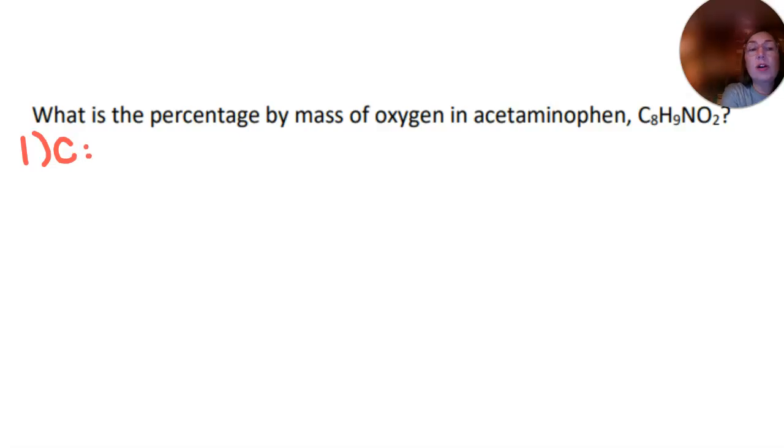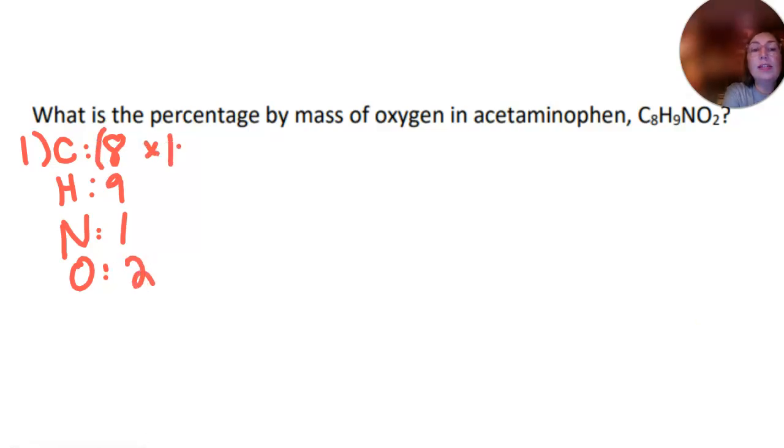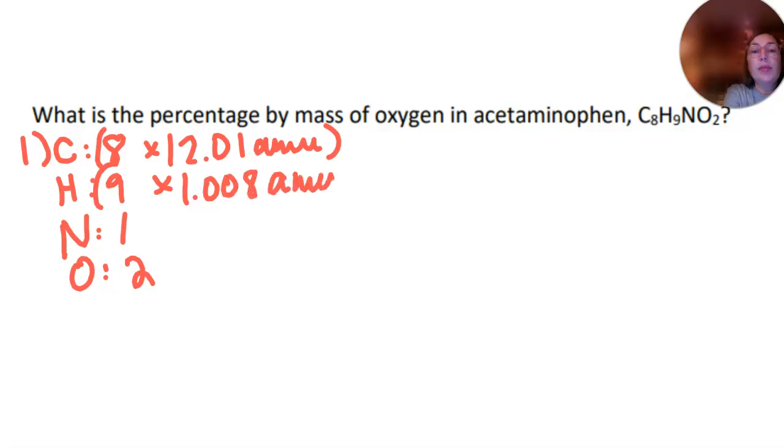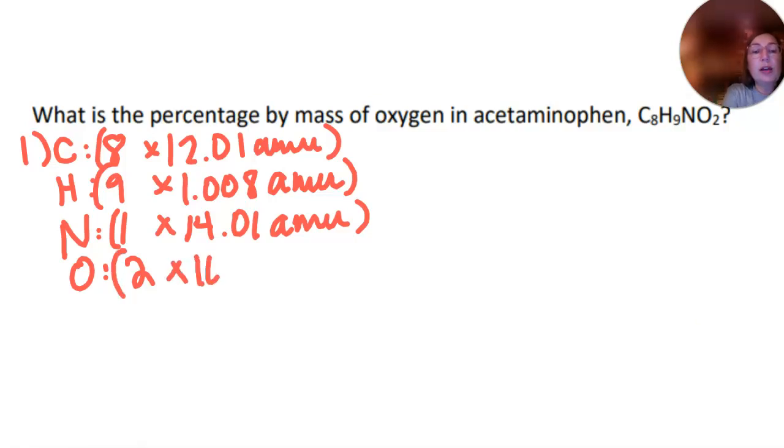So let's do 8 carbon atoms, 9 hydrogen atoms, 1 nitrogen and 2 oxygen atoms. 8 times 12.01 AMUs for carbon, 9 times 1.008 AMUs for hydrogen, 1 times 14.01 AMUs for nitrogen from our periodic table, and oxygen is 2 times 16 AMU.